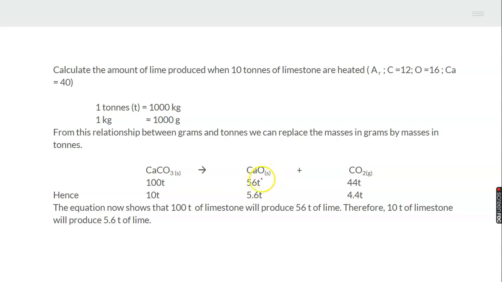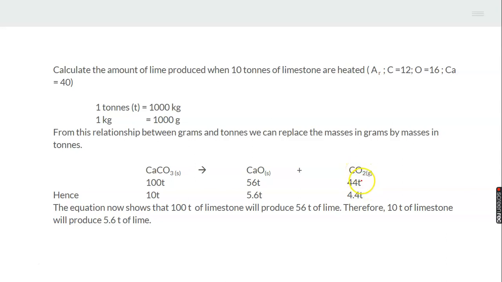Same thing as calcium oxide and carbon dioxide. So if you do that, when you have 100 tons of limestone, we give you 56 tons of what? Quicklime, as well as 44 tons of what?